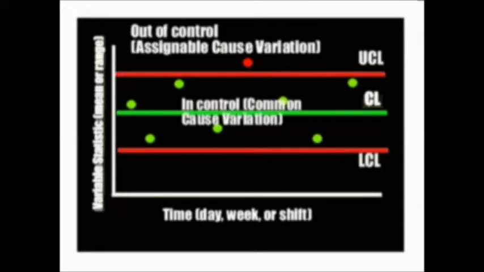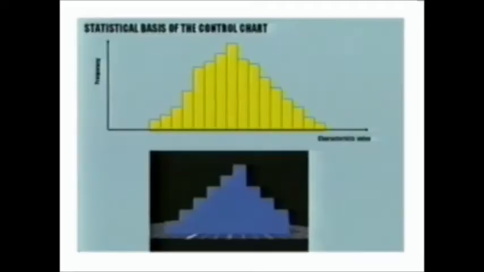And as we mentioned early on, points within the control limits are considered to be natural or common cause variation points due to only randomness or due to the fact that variability is an inevitable outcome. While points outside the control limits are due to assignable cause variations. These are the points, the red marks, that we need to be concerned about.